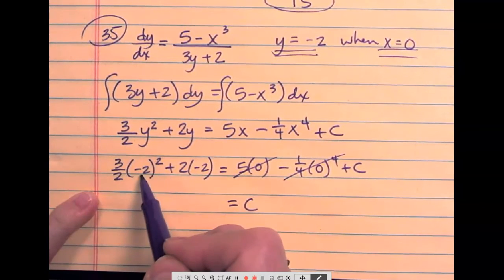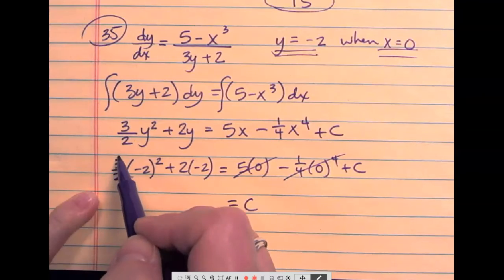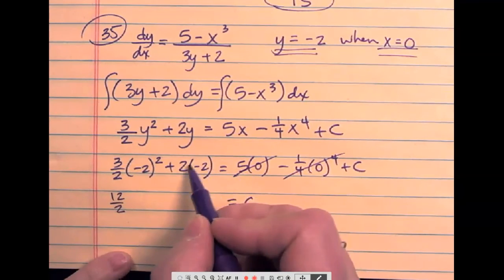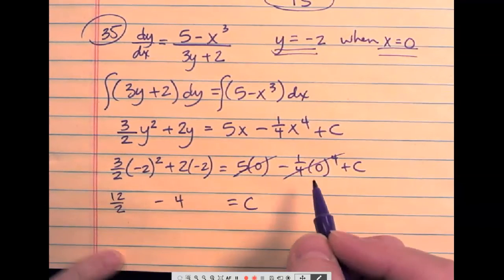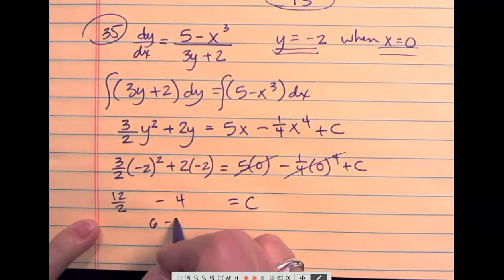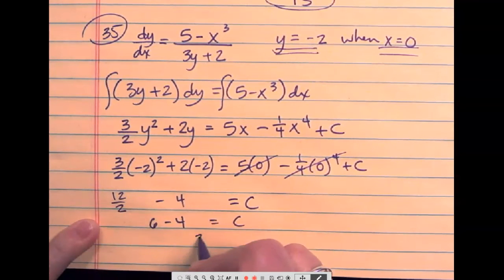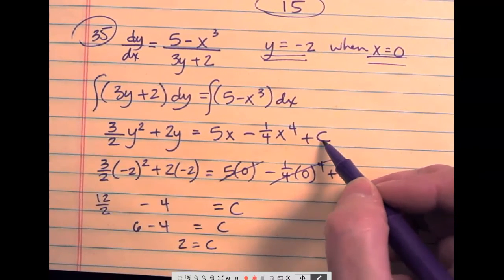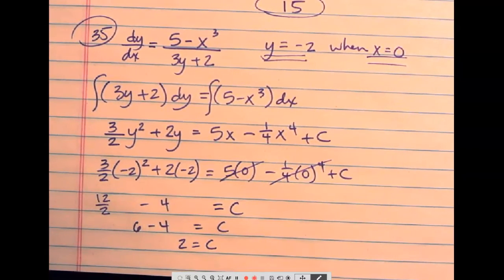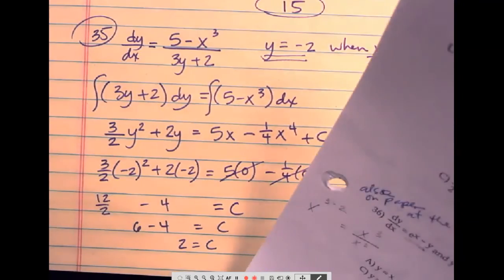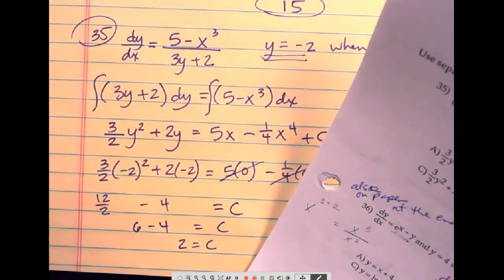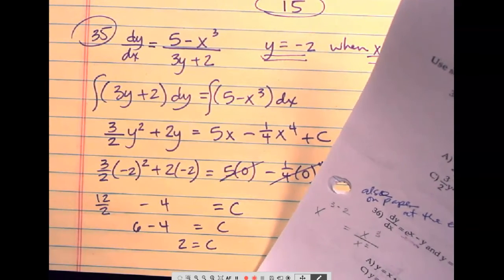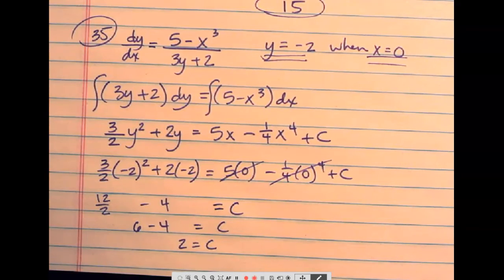That's 4 times 3 is 12 halves. Just going to leave it that way for now, and then minus 4. Well, 12 halves is 6, minus 4 is 2 for C. So if you just replace C with 2, then you should be able to find that answer. It looks like C. Yeah, D doesn't have the 1/4, so C would be correct.